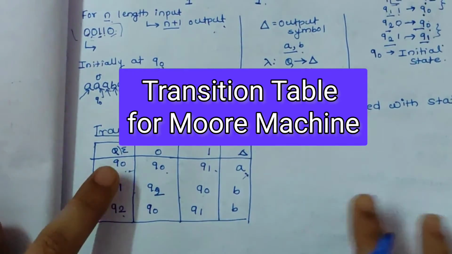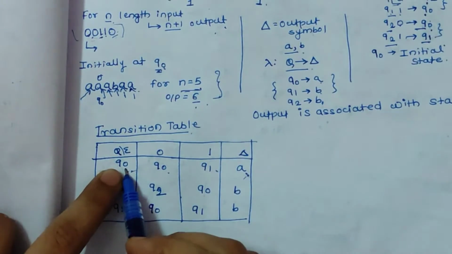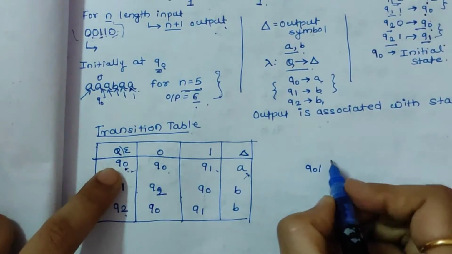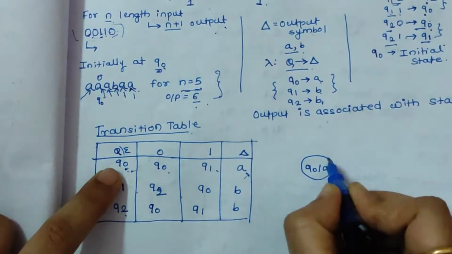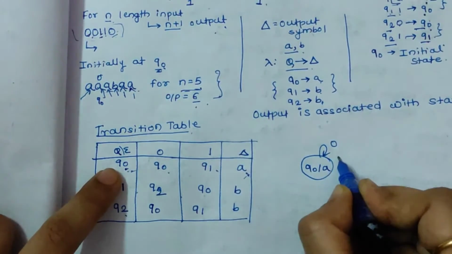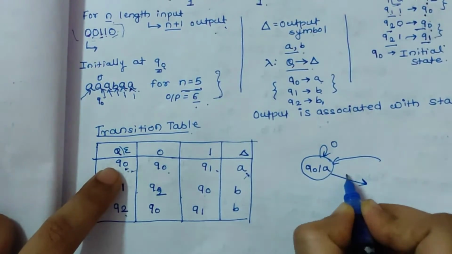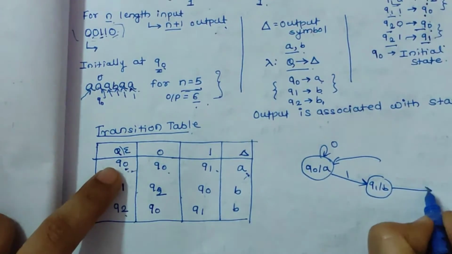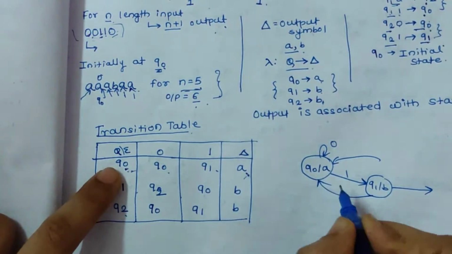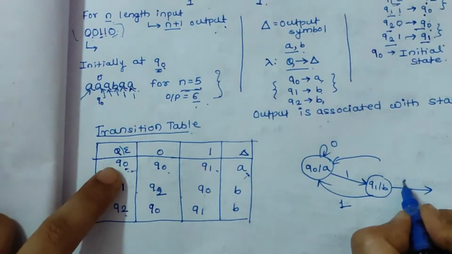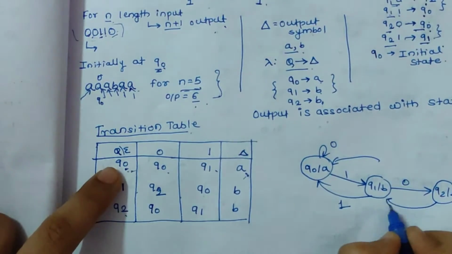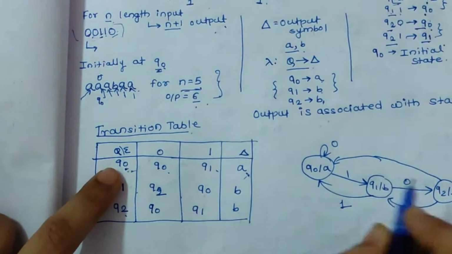In the transition table, if q0 is the initial state, I will simply draw this machine here so that it will be easier to understand. q0 with output A; with 0 input it stays in q0, then with 1 input q1 with output B, then with 0 input it goes to q2.